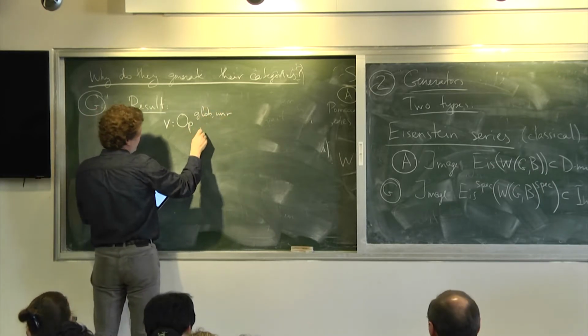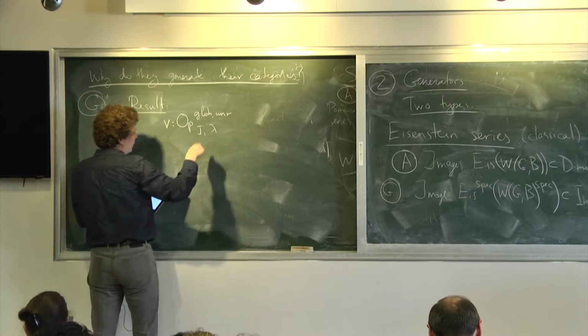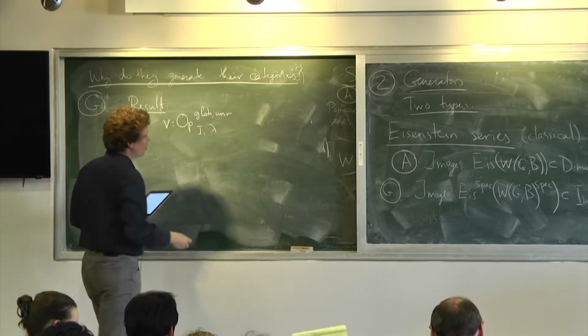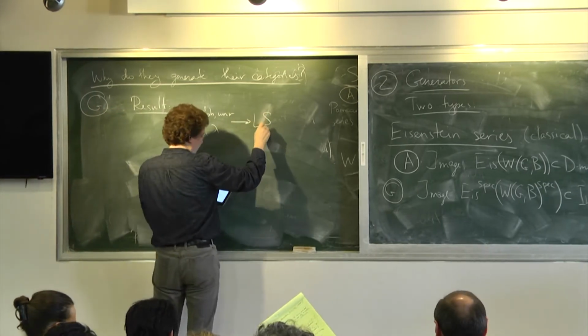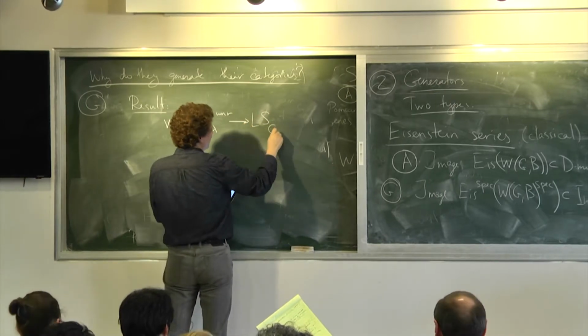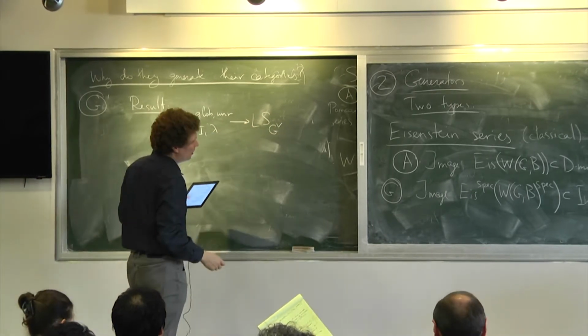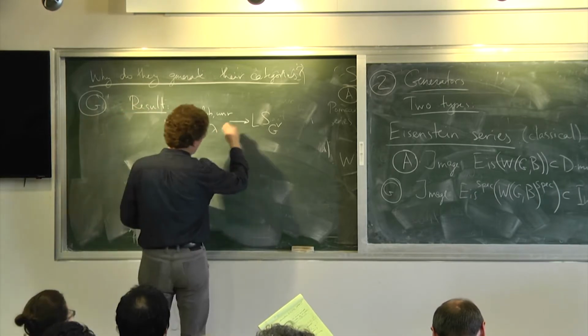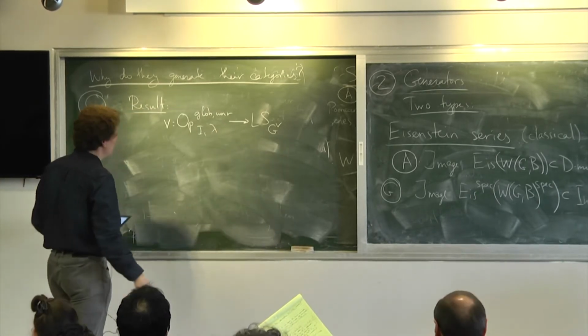So if we choose sufficiently many points and sufficiently high order of poles for these OPERs, then the forgetful map is going to be surjective over the irreducible locus.